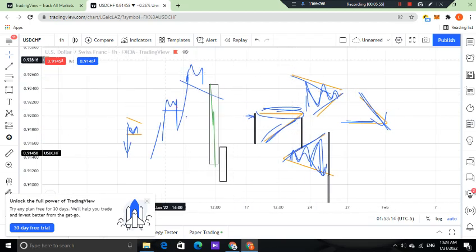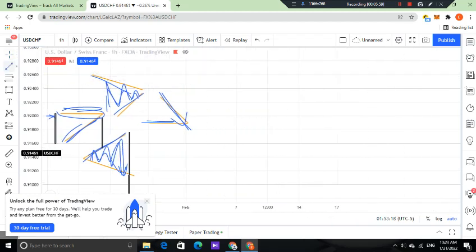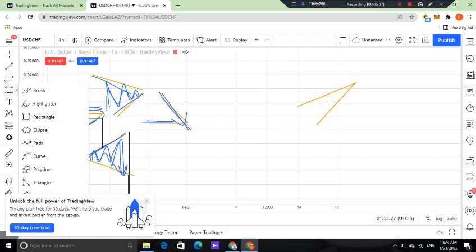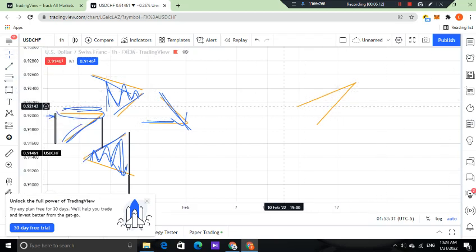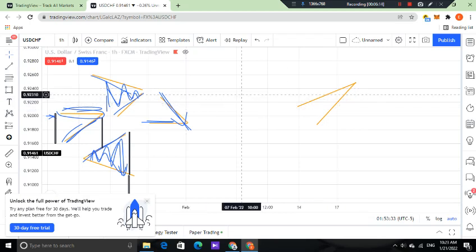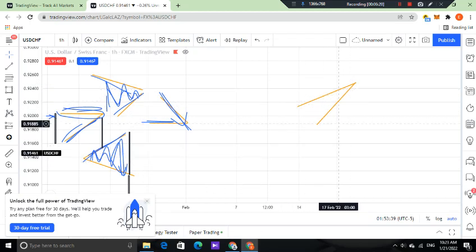We have some other kinds of triangle, like wedges. I talked about wedges in previous videos, and the difference between wedges and triangles is, first of all, you have two lines, but these two lines are in the same direction.